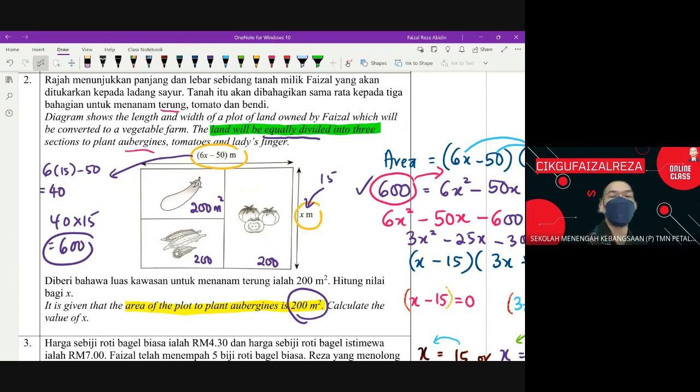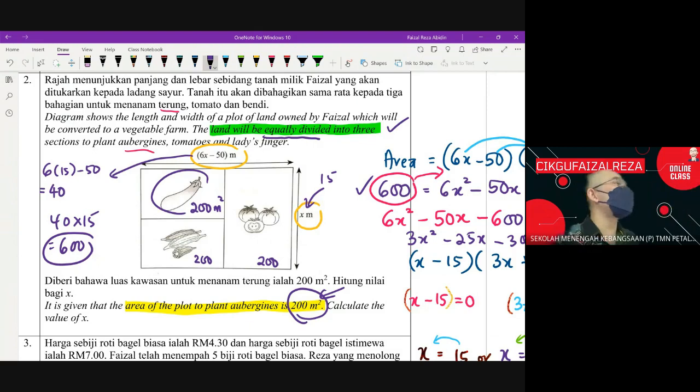The question only gives 200, it's not the total area. It's only for aubergines, but the land will be divided equally, so I have to times by 3. That's why 200 times by 3, you get 600.